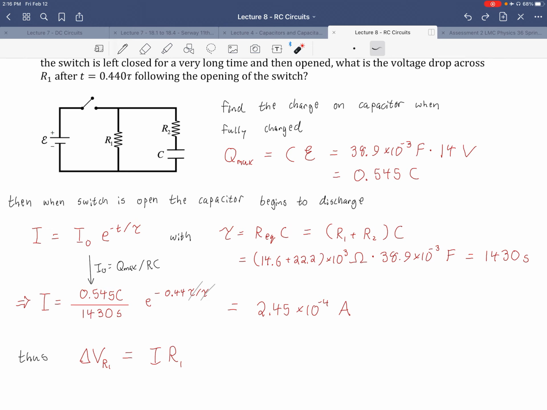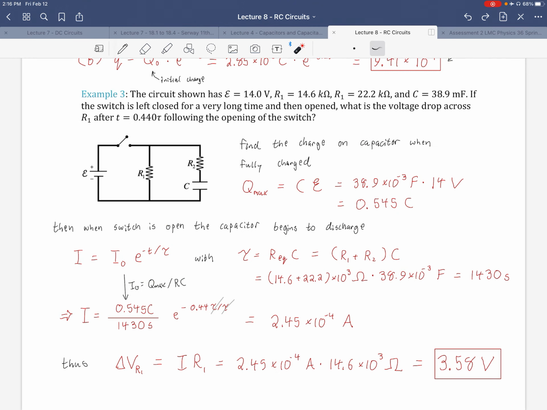At this particular moment, it would be this time-dependent current times the fixed value of resistance for resistor 1, and we get a 3.58 volt drop. We could likewise have found the voltage drop across R2, had we been asked for it. Notice we didn't end up using the actual value of tau, but I was still curious to find out what it was.